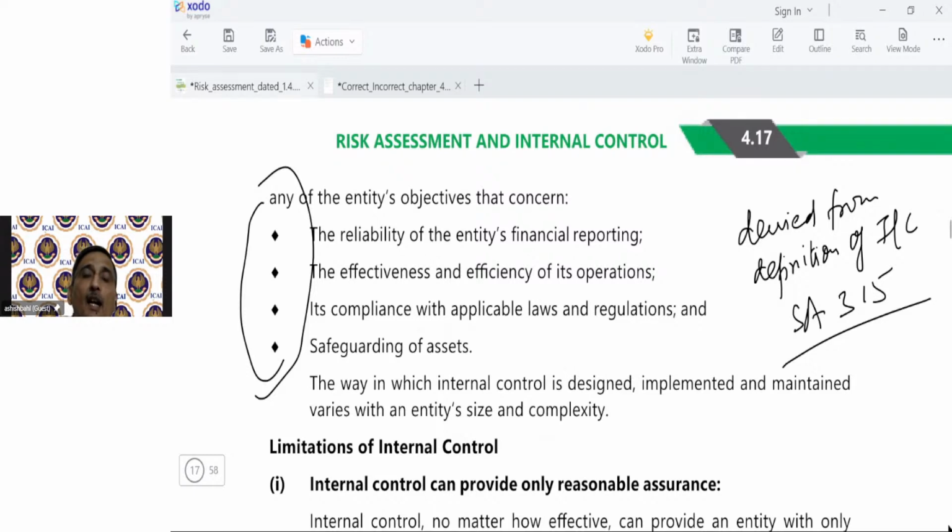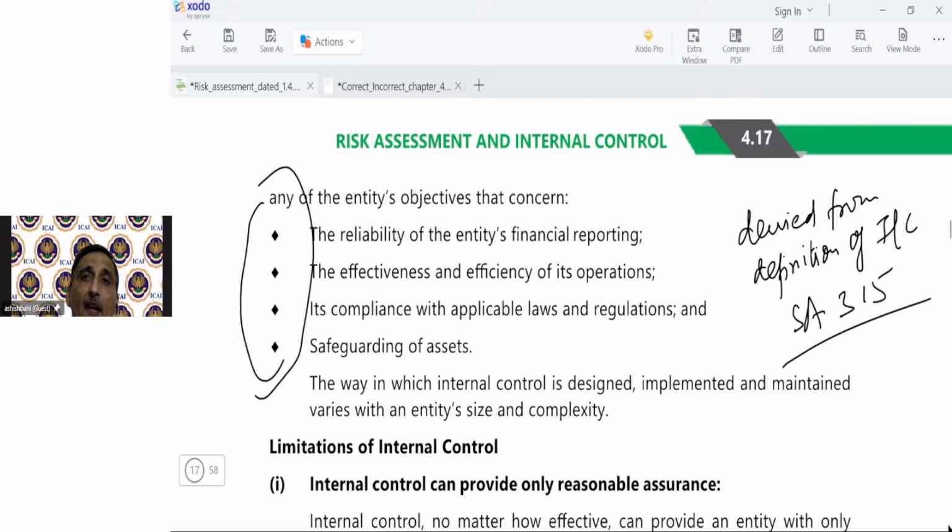So guys, compliance with laws and regulations is also an important purpose of internal control. Why is it an important purpose? Say a company forgets to make compliance with various laws, like GST laws, or pollution control laws or other laws which may be applicable to the company.